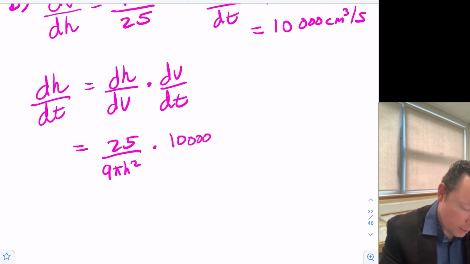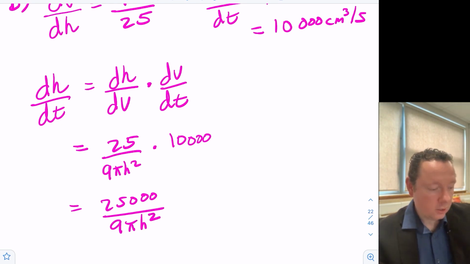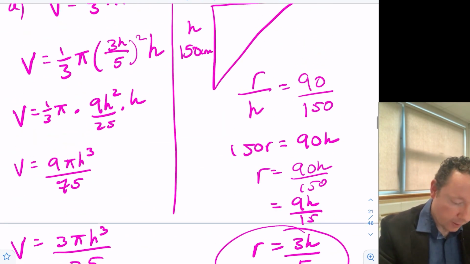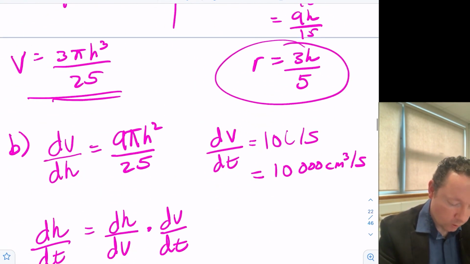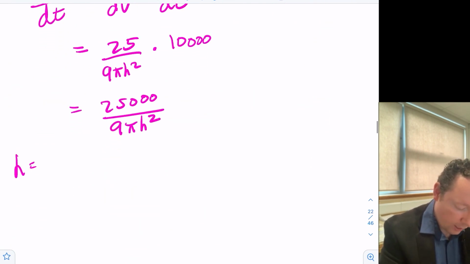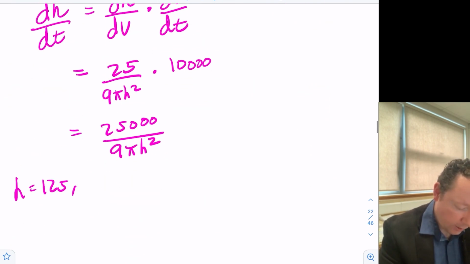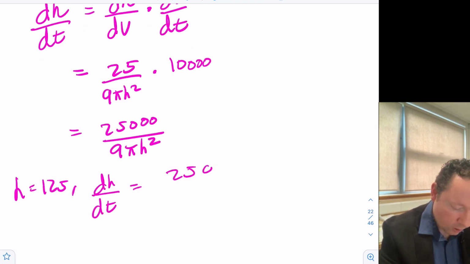Tidying that up, that gives us 25,000 divided by 9 pi h squared. We could continue to mess about making this nicer, but we've got a number to sub in anyway, so let's just go ahead and sub it in. It says h is 125, so when h is 125, our rate dh by dt is just going to be 25,000 divided by 9 pi times 125 squared.